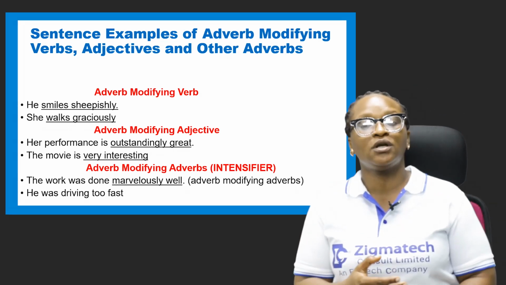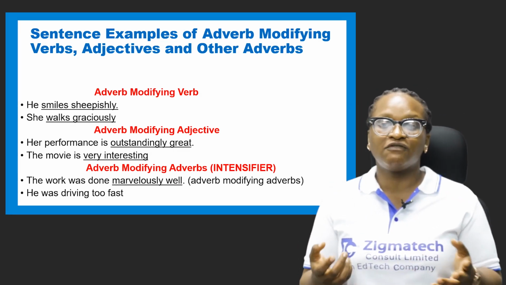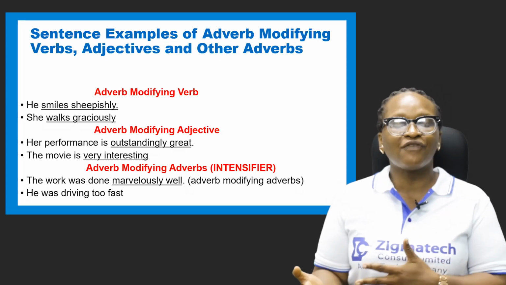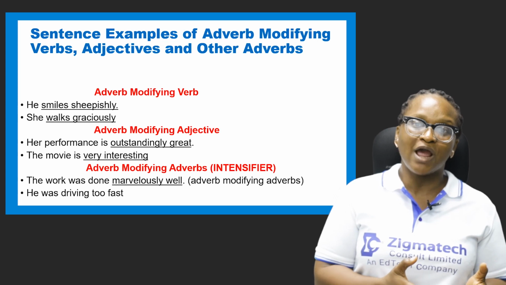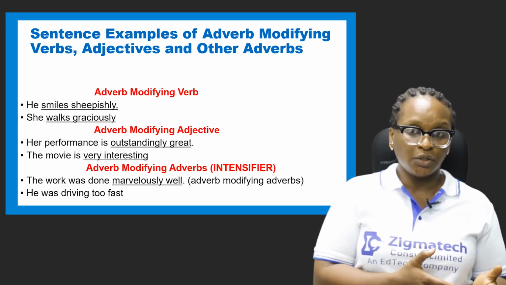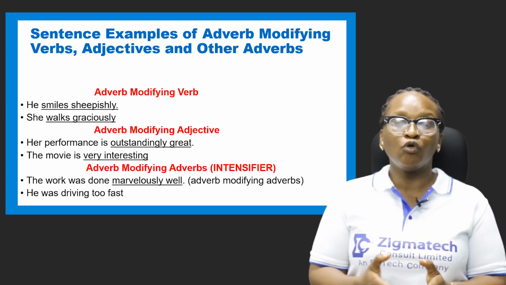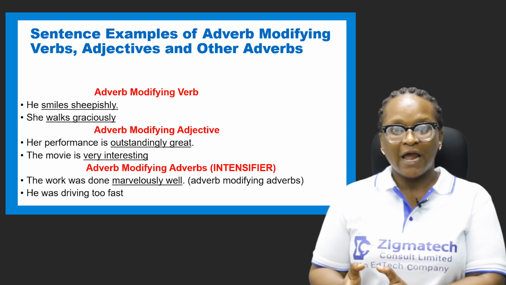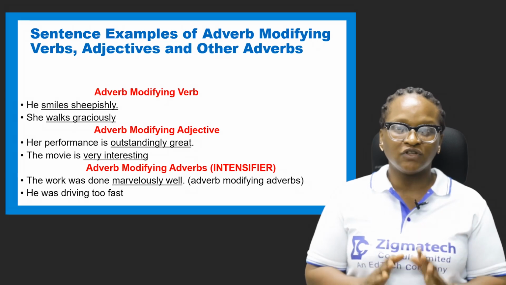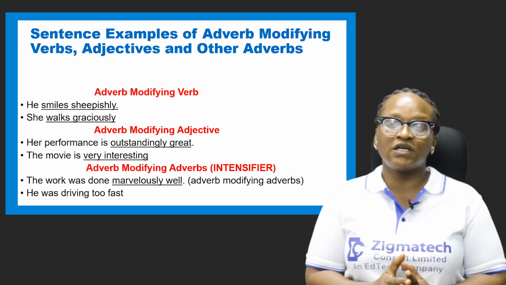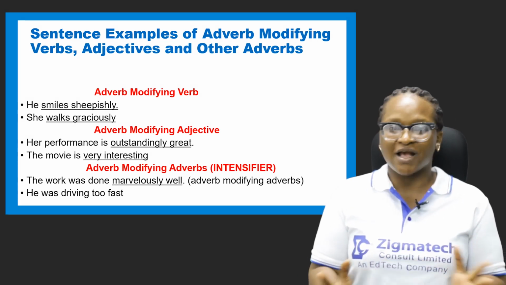It can as well function as an adverb, and I've cleared it. Fast can be described: she is fast. That is an adjective, fast being used as an adjective to describe the girl. So if I say she is fast, I'm only saying she is swift. All right, that means in her movement she is fast, she is swift. I've described her. So I can also say she walks very fast.